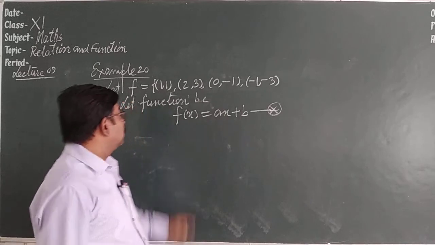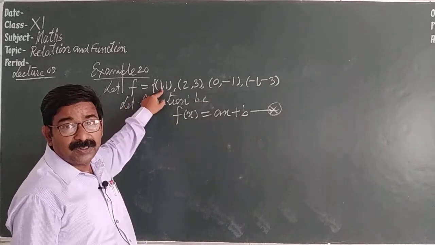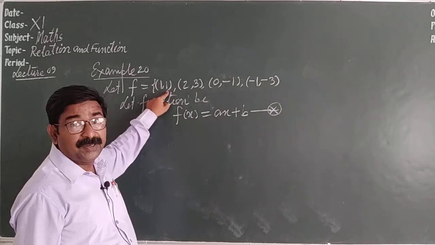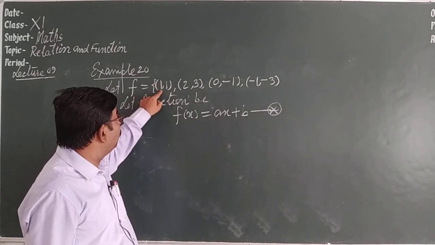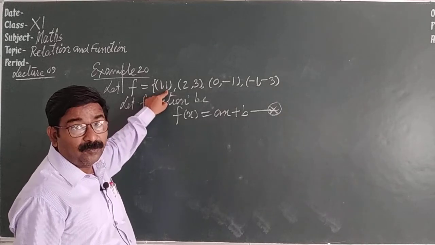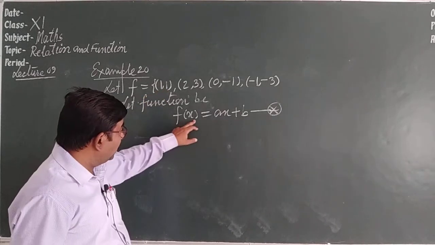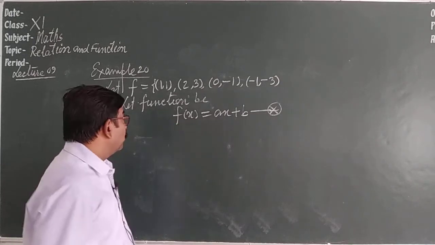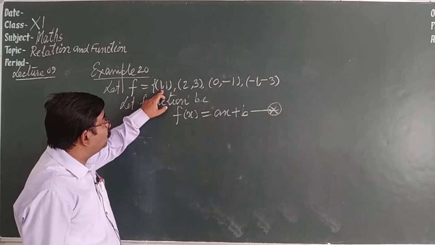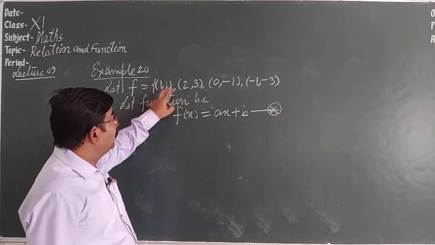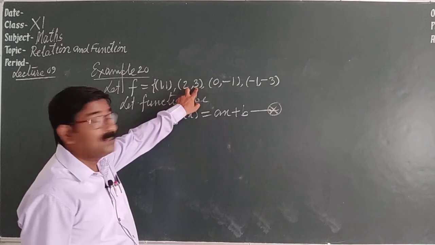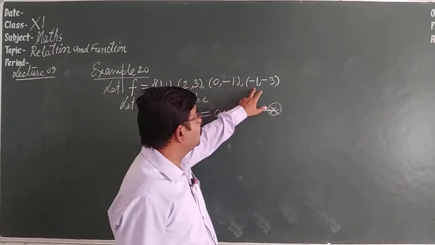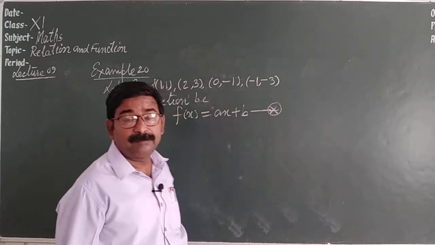You know well that the first value is the abscissa and the second value is the ordinate. This is the value of x and this is the value of y, and f(x) is equal to y. So when x = 1, y = 1. When x = 2, y = 3. When x = 0, y = -1. When x = -1, y = -3.